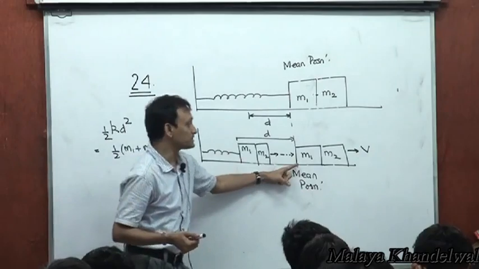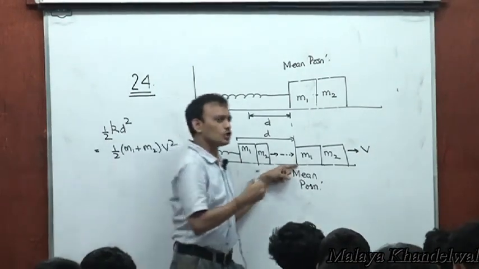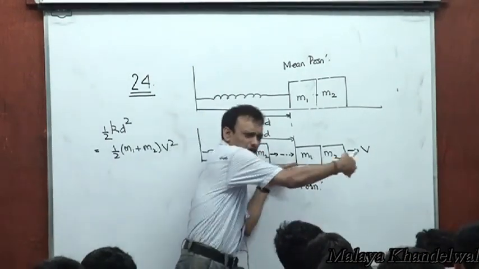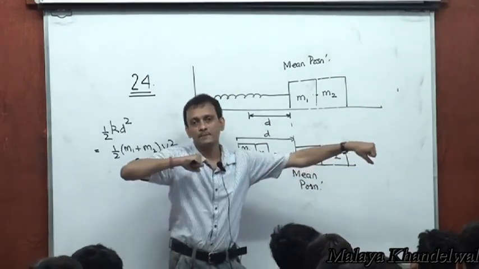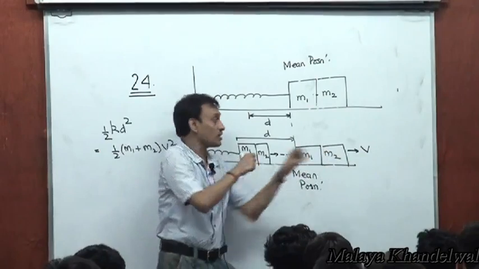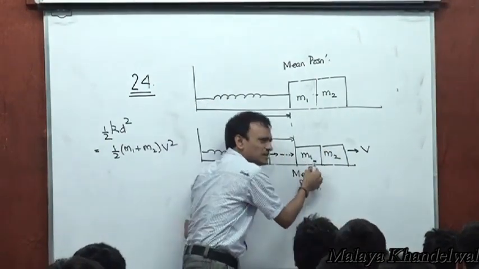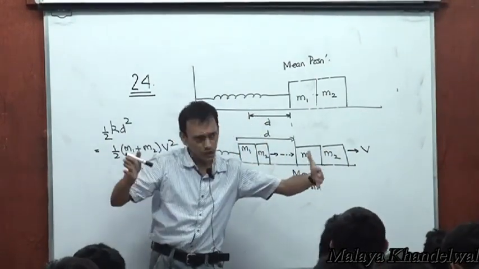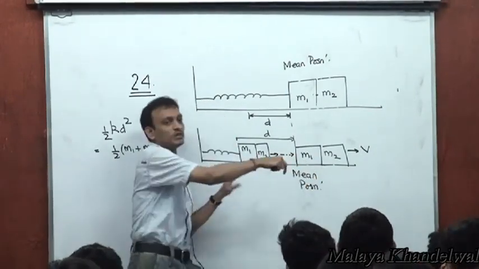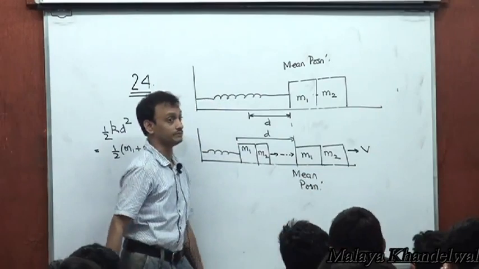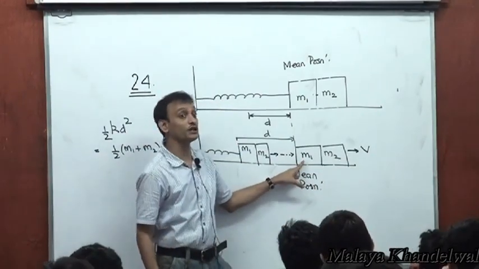Now, at the mean position, just slightly beyond this mean position, the spring stretches out. From this point, let's say just slightly to the right, the spring would have got slightly elongated. Now, if the spring just slightly beyond the mean position gets slightly elongated, the spring is communicating only with M1.